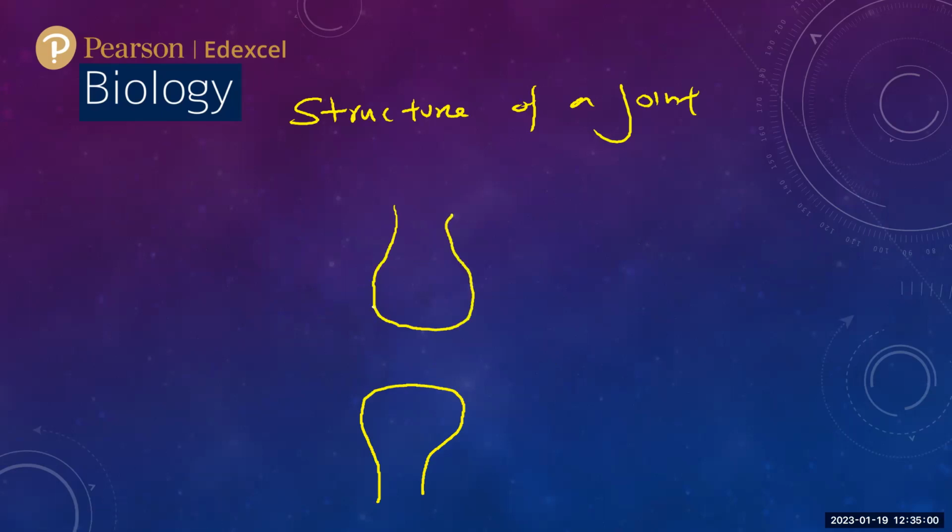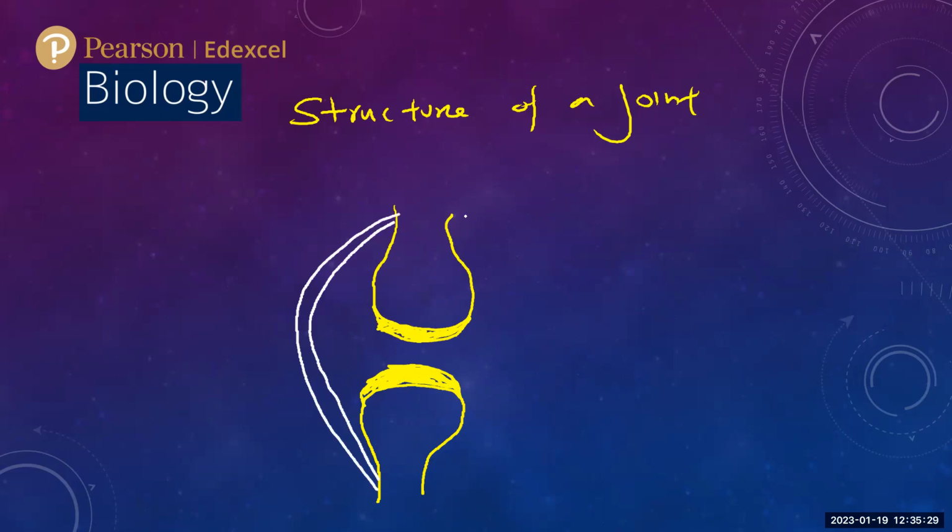And previously we have learned this surface has cartilage, which acts as a cushion and is also important to prevent grinding of the two bones. So this is the cartilage. Now these two bones are joined together by a very strong structure called ligament.